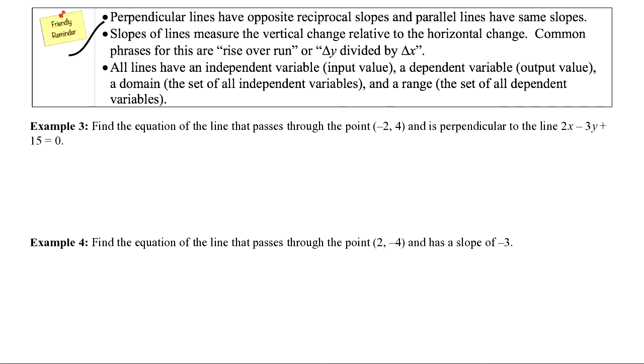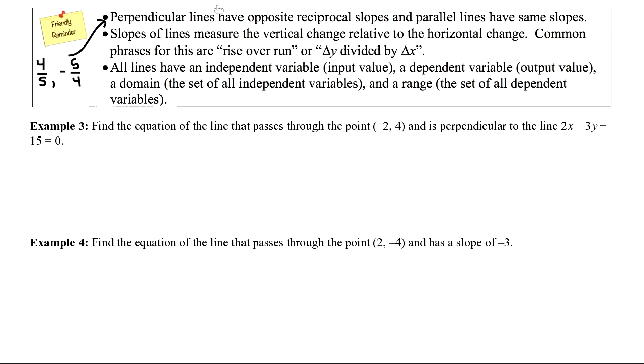If we have a slope of 4/5, then the line that would be perpendicular to that would have a slope of opposite. So since this one was positive, this one's going to have to be negative. And then the reciprocal means that you flip the fraction. So those two numbers, 4/5 and -5/4, are opposite reciprocals. So if there were lines with those as slopes, we know that they would be perpendicular.